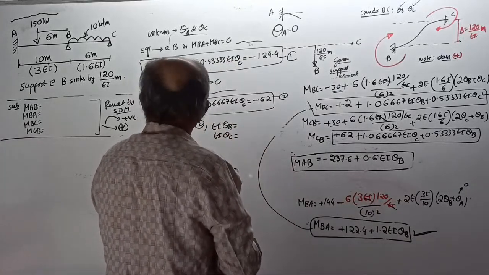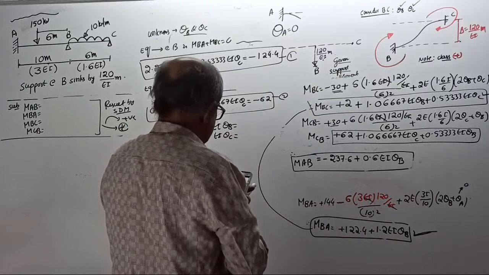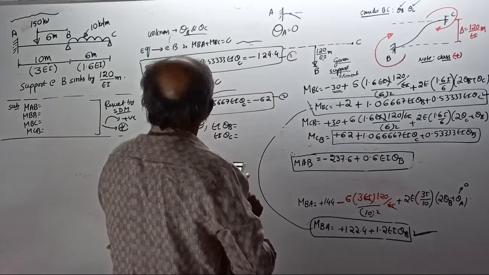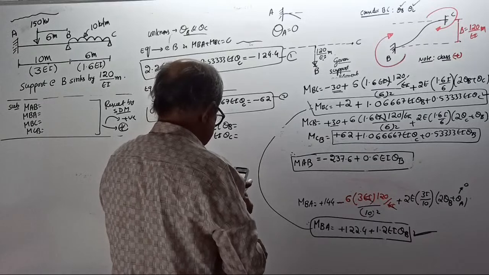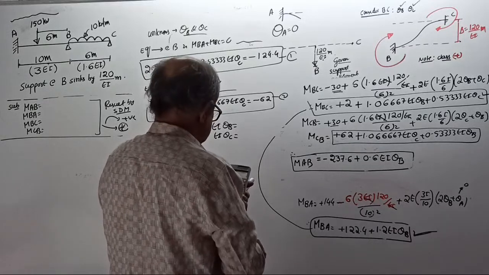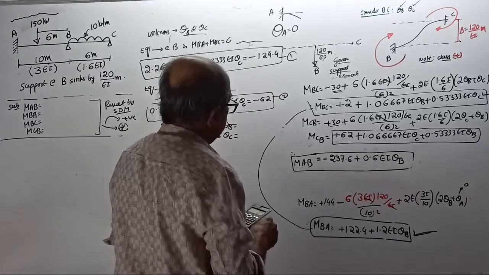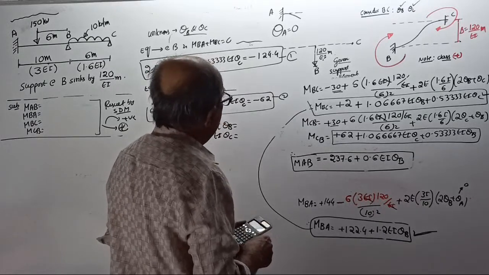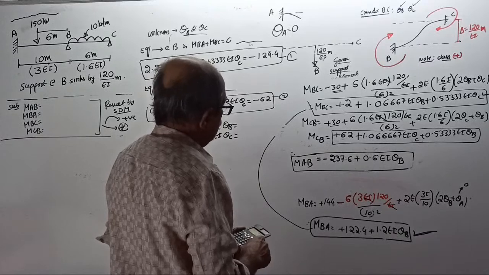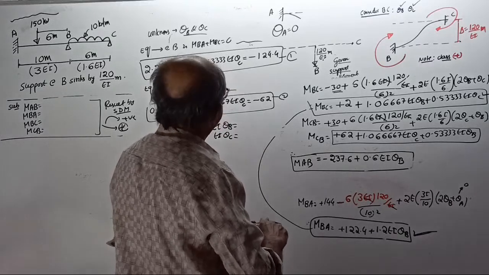It is 2.26667, then 0.53333. You are not giving answer. Minus 122.4. 122.4 is correct. MBA is 122.4, MBA and MBC.